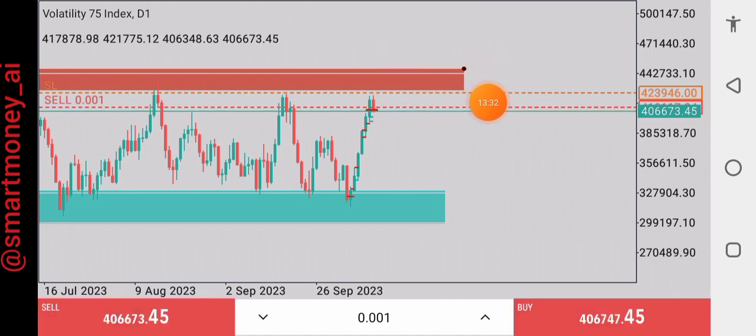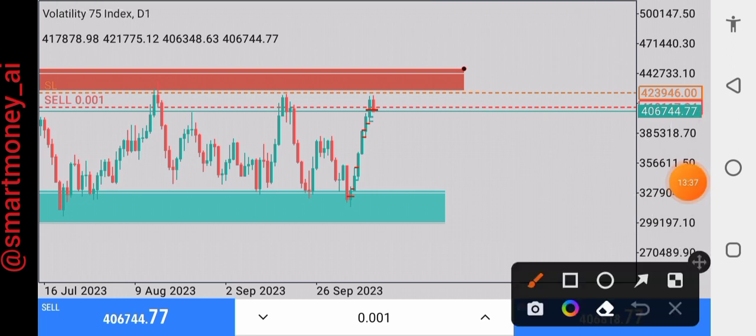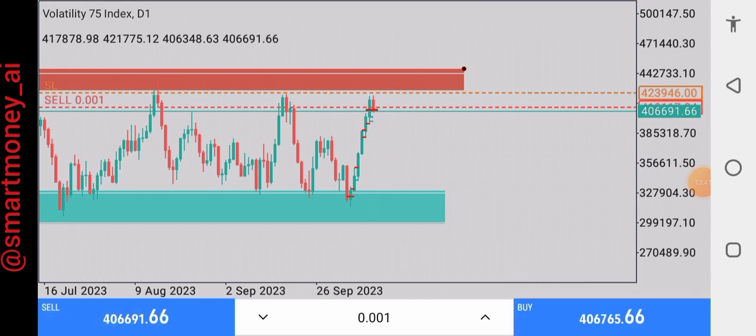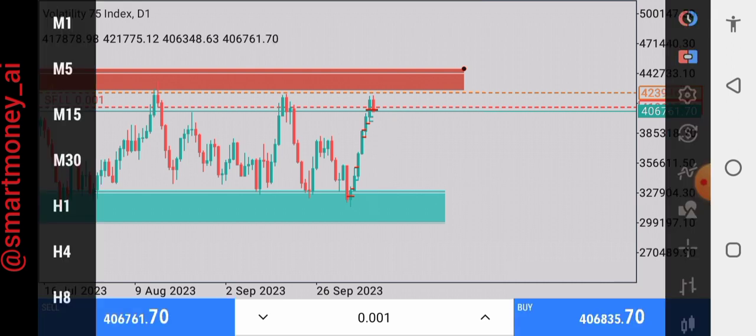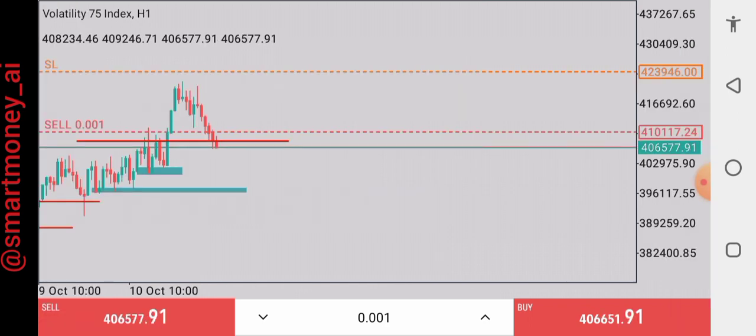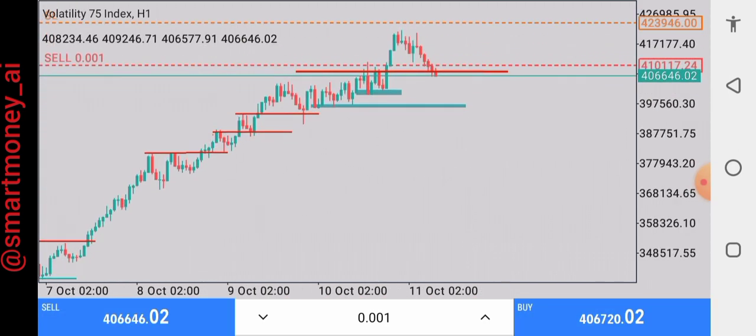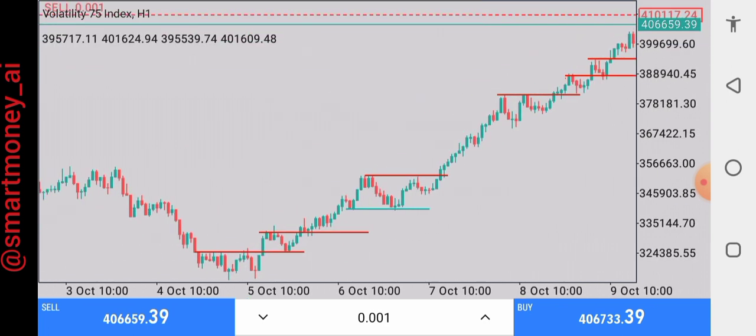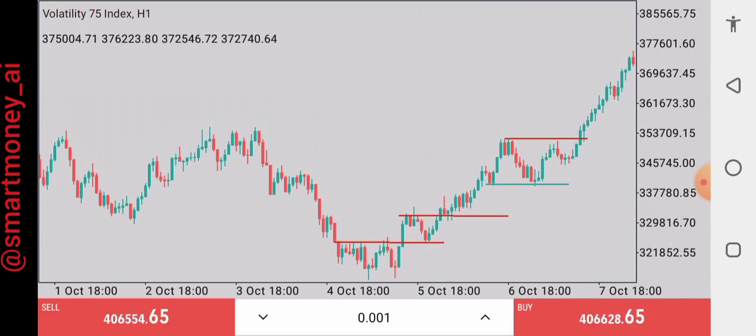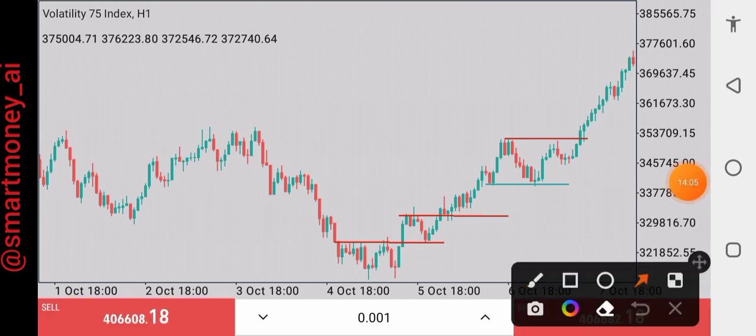So we are going to look at this whole price action here. Let me switch to the 1 hour time frame, and you see how the strategy I'm talking about works. As I was saying, look at how price was moving here. We were bearish here, but when we get to this point, price breaks this high.